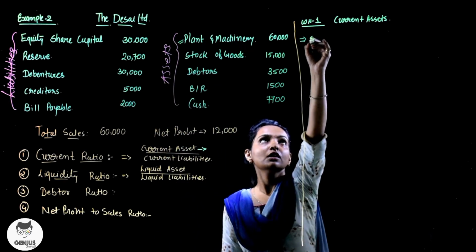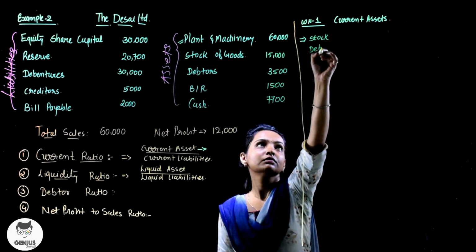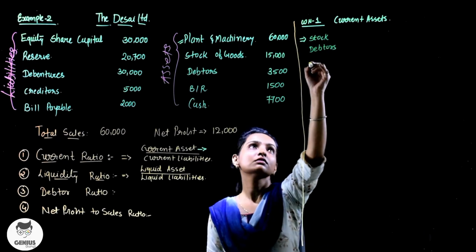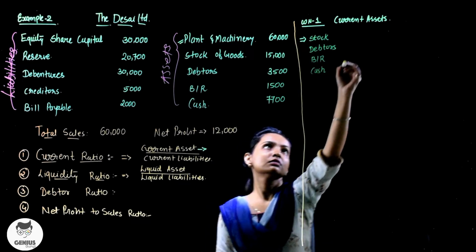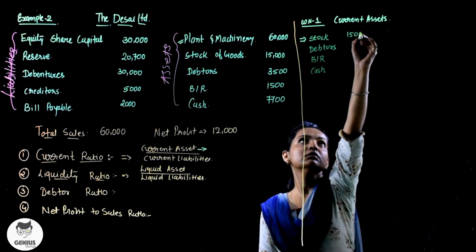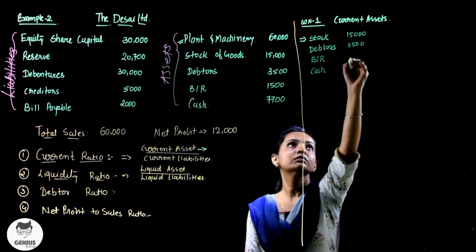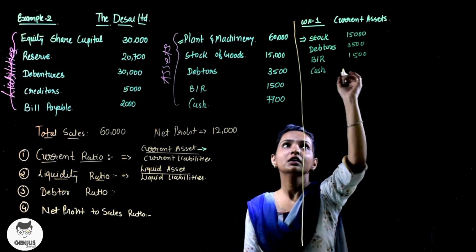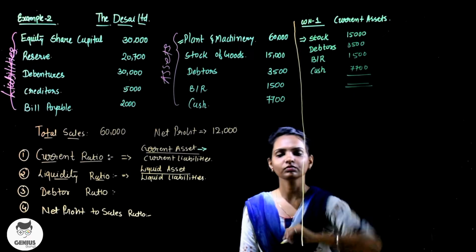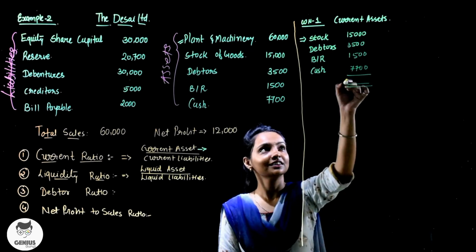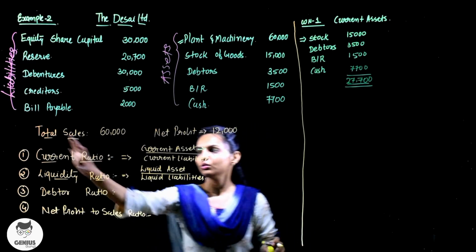So make the total of current assets: stock 15,000, debtors 3,500, BR 1,500 and cash 7,700. What is your total? 27,700. Okay.